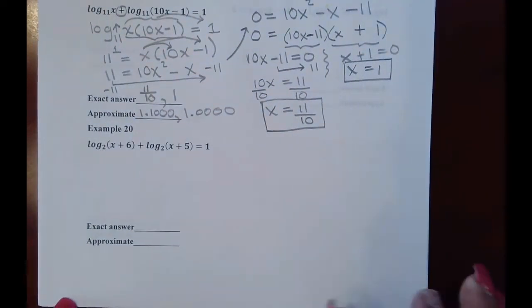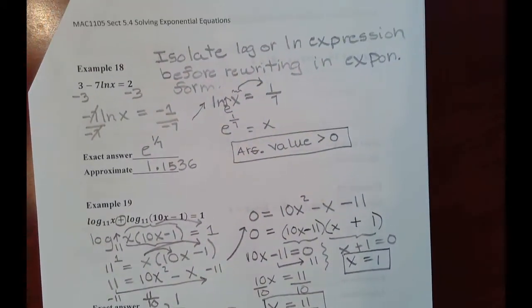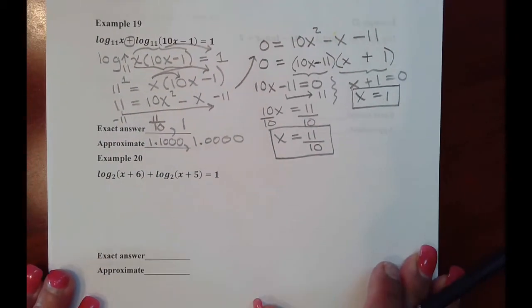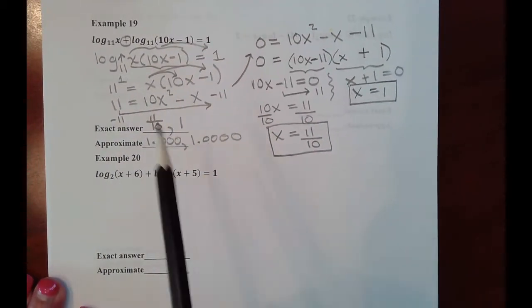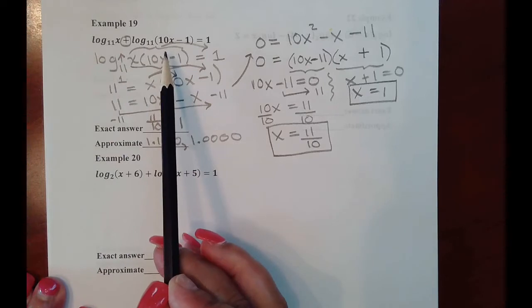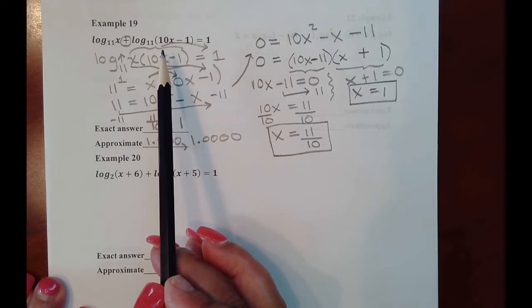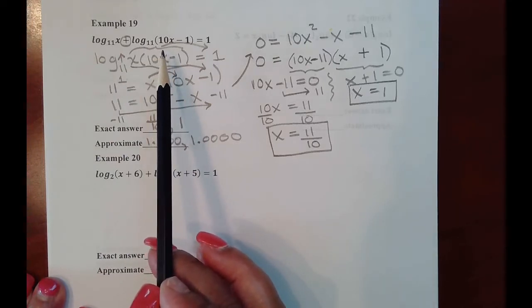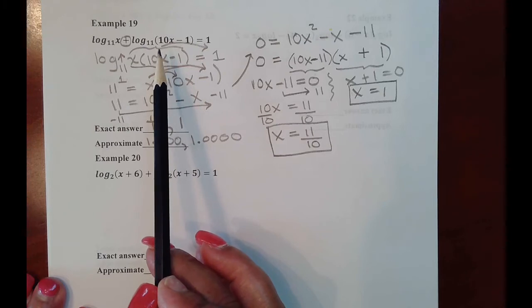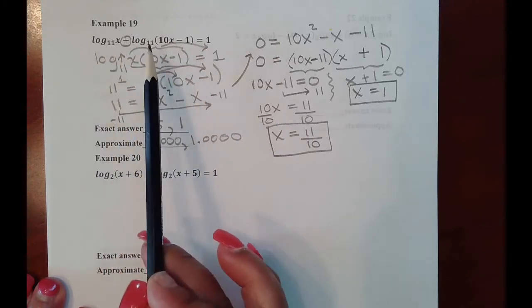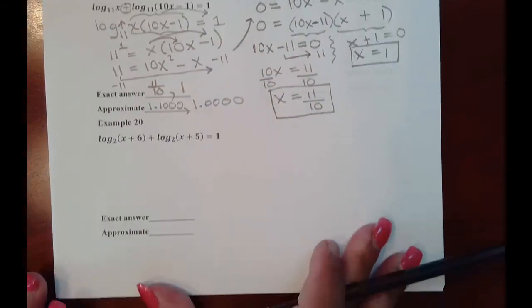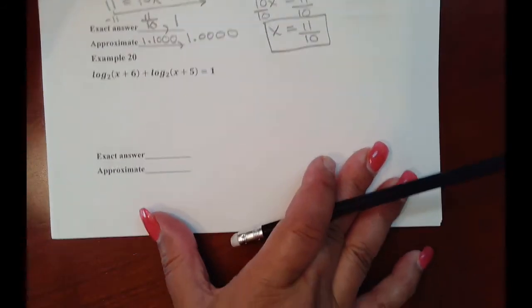So now we get close to number 20, and beginning with number 19, we saw that there were individual logs on one side, but that can still be approached the same as numbers 13 through 18 because you can combine these to create a single log, and that is the case in number 20 as well.